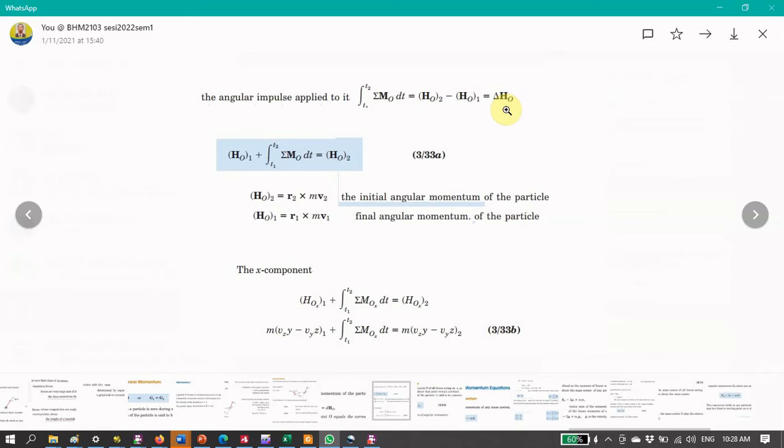Then we lead to equation 3.33a. You can write the equation in terms of the x component, y component, and z component. I just use what was given by Professor Meriam there. You just write for the x component, and if you want to write the y component, you can do that as well. This is the way that we can write the angular impulse momentum equations.